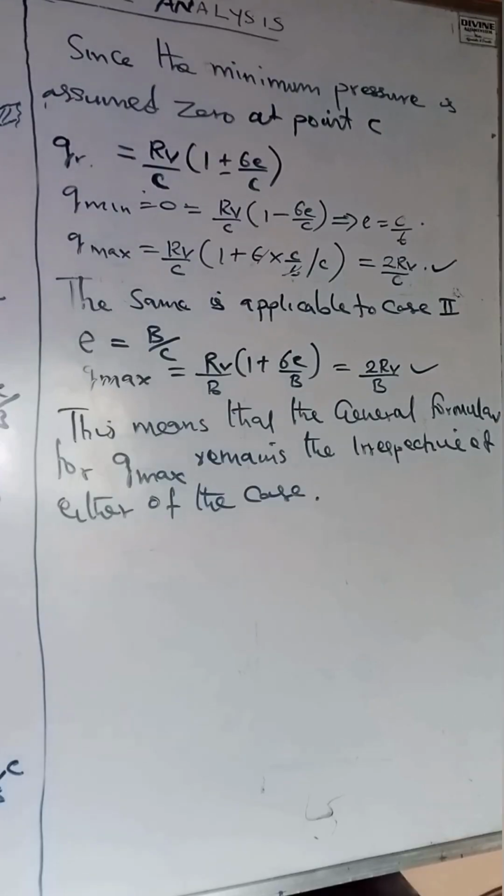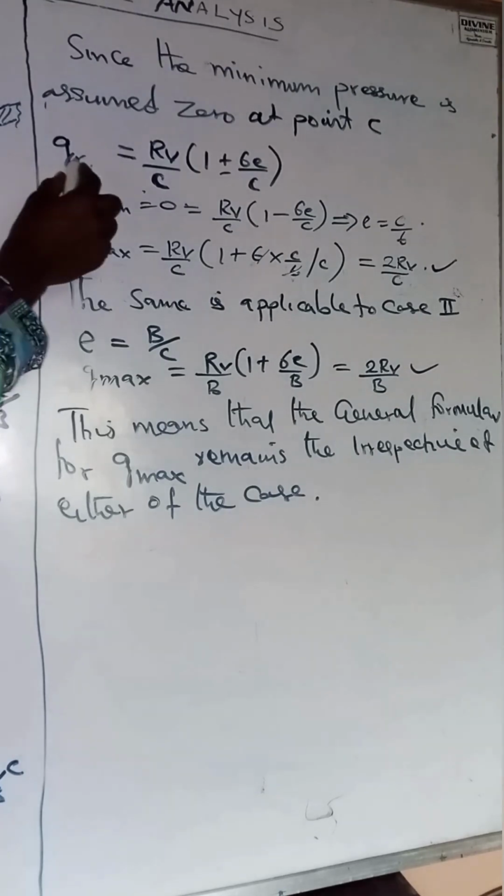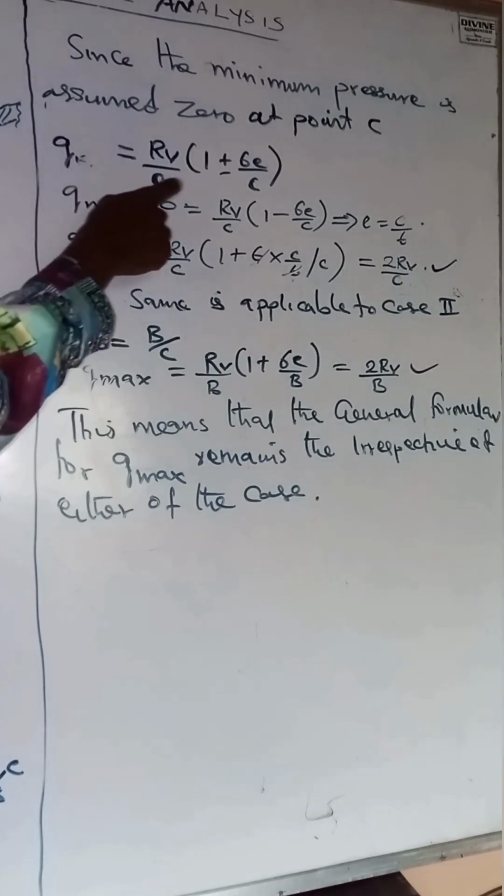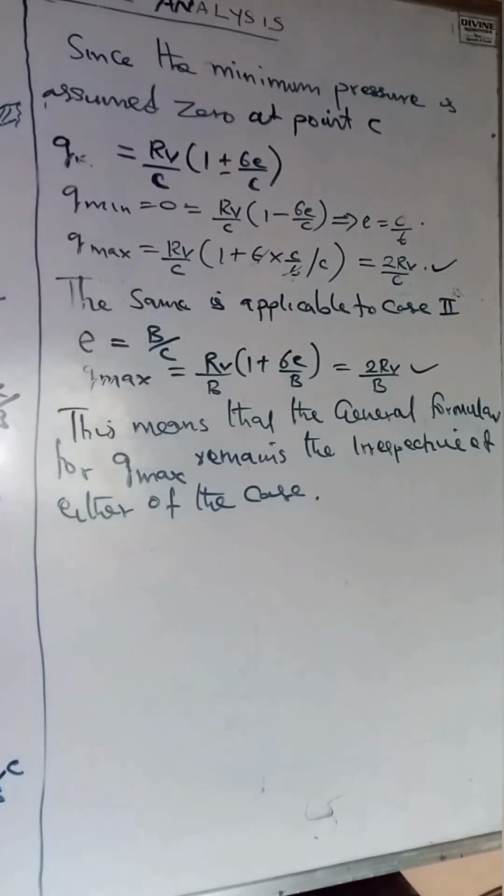Since the minimum pressure is assumed to be 0 at point C, the formula for Q in terms of C will now be the same formula RV over C, plus or minus 6E over C. The general formula remains the same since we now assume that at point C the pressure is 0.